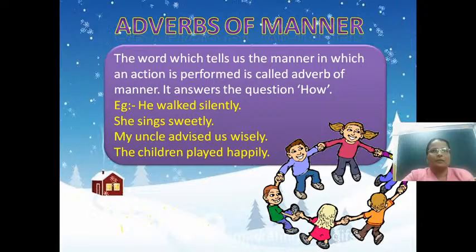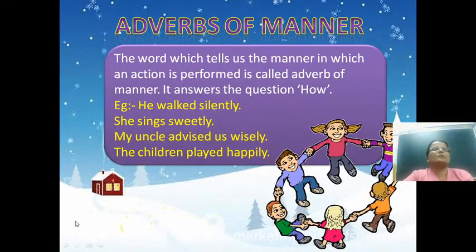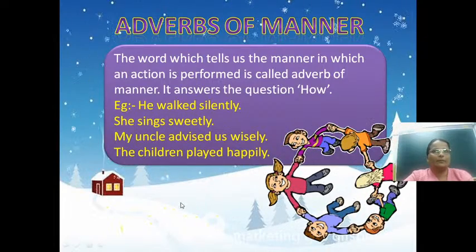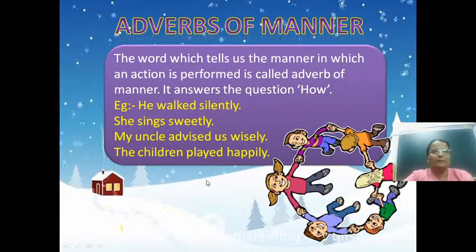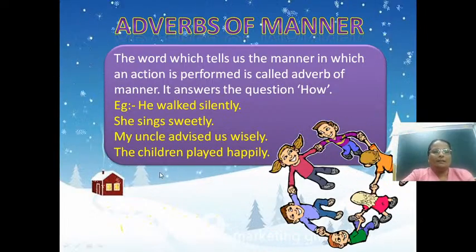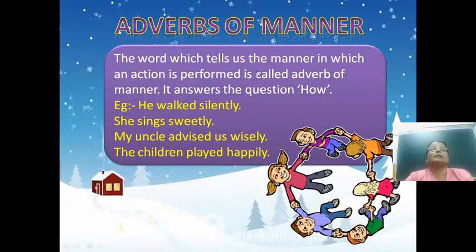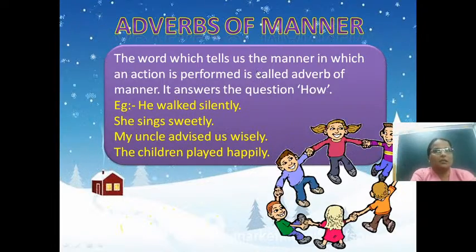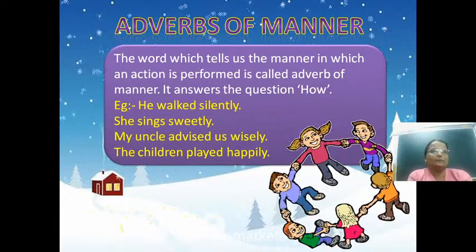Right? So now in the last class itself we learned different kinds of adverbs, in which we learned adverbs of manner, and we learned that adverb of manner tells us the manner in which an action takes place and it answers the question how.